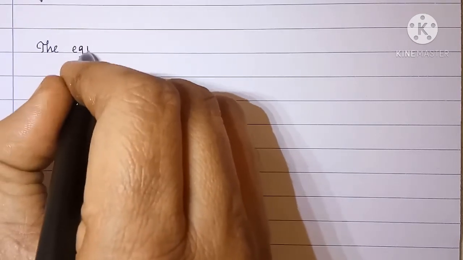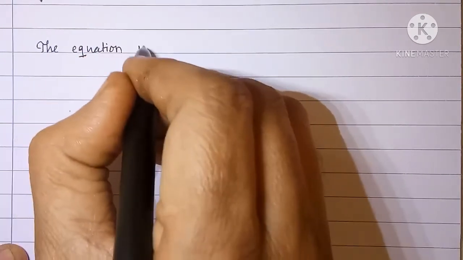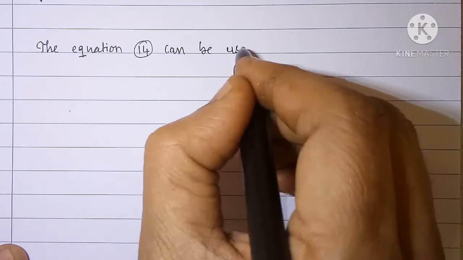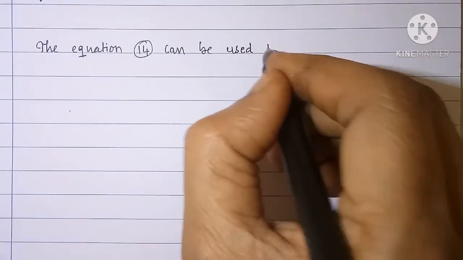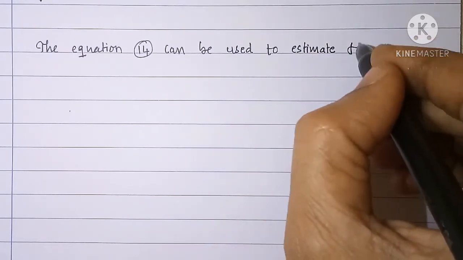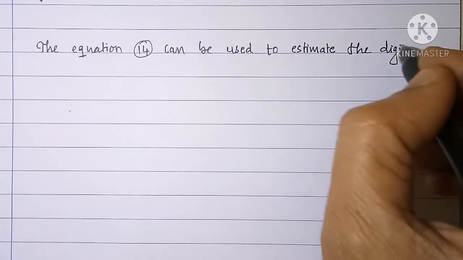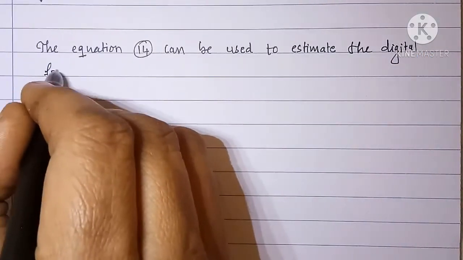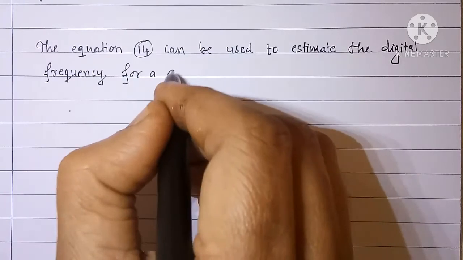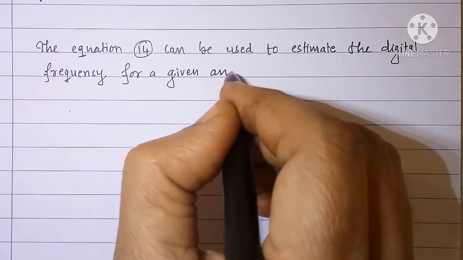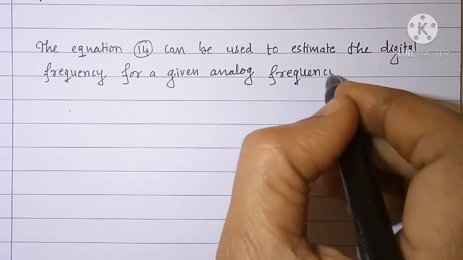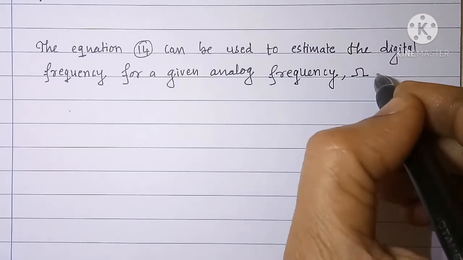The equation (14) can be used to estimate the digital frequency for a given analog frequency omega.